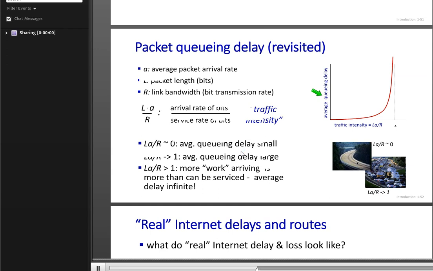It's strict. They have a direct relation. More arrival rate, more congestion, and more delays. Okay.